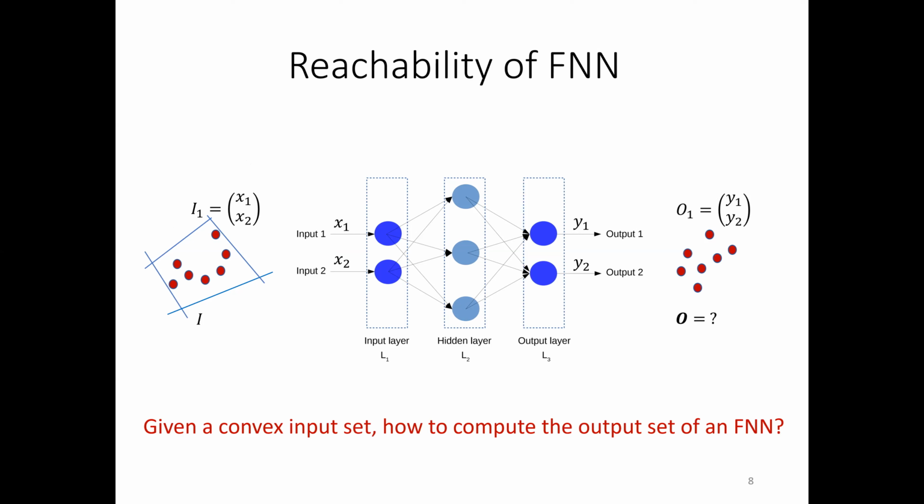So the reachability of a feedforward neural network is that given a convex input set, how to compute the output set of a feedforward neural network. So that's the core question for reachability analysis of feedforward neural networks. Okay.